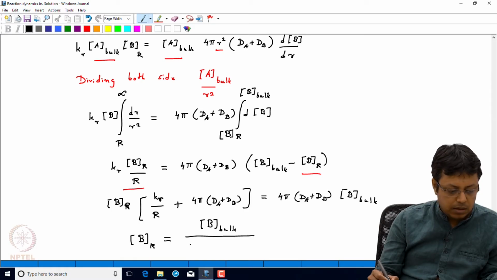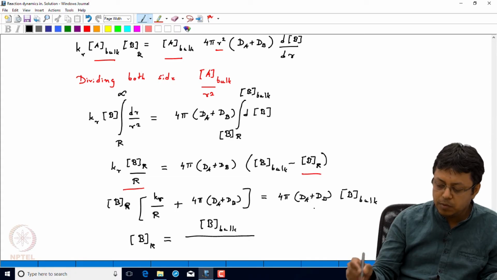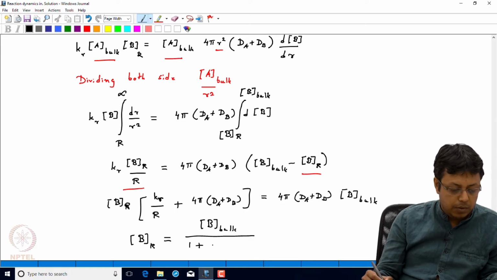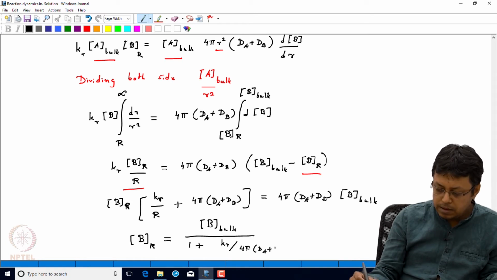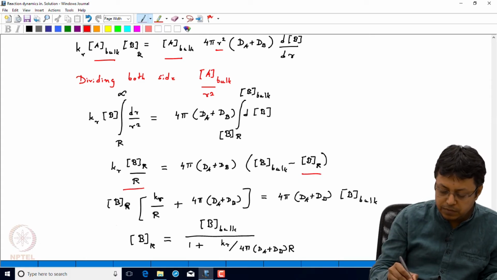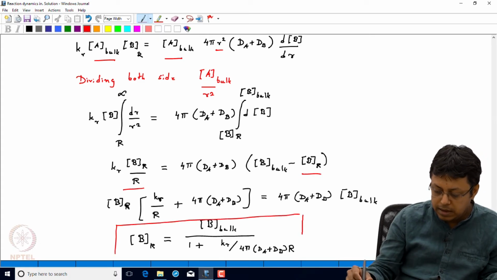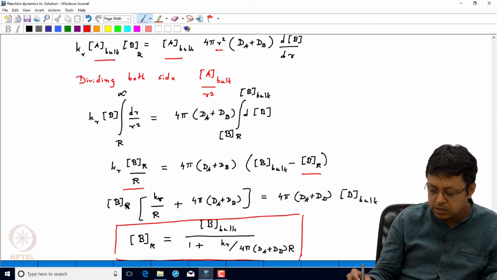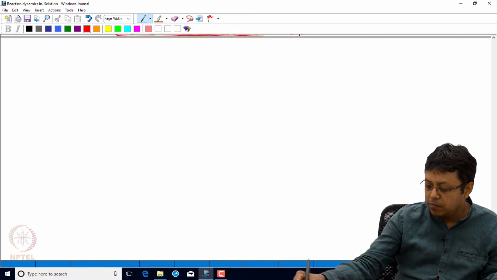If I rearrange this a little bit, because I see that there is a 4 pi dA plus dB, I can divide the numerator and denominator by 4 pi dA plus dB. It will be 1 plus Kr divided by 4 pi dA plus dB into R. So, this is the overall expression for the concentration of B in the vicinity of A.